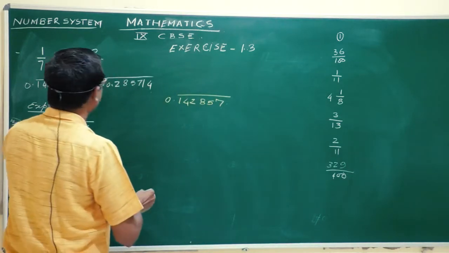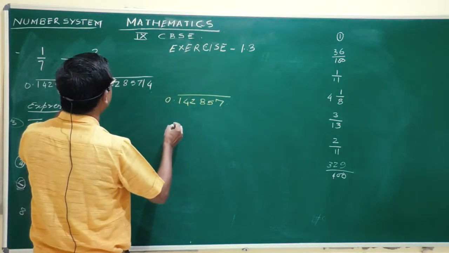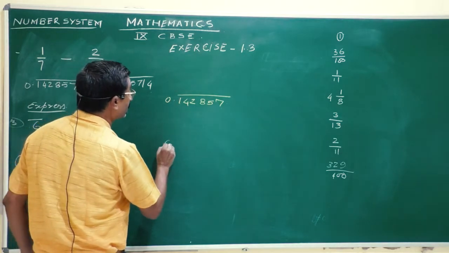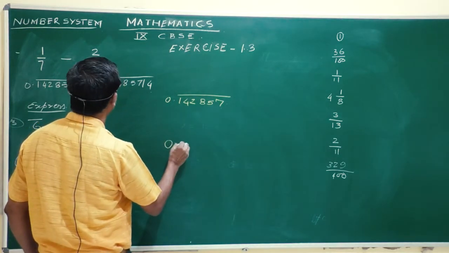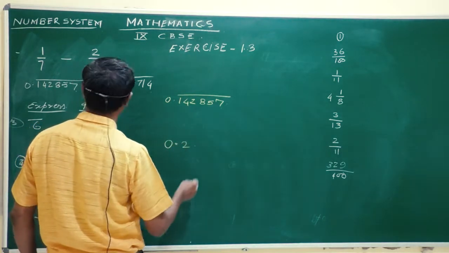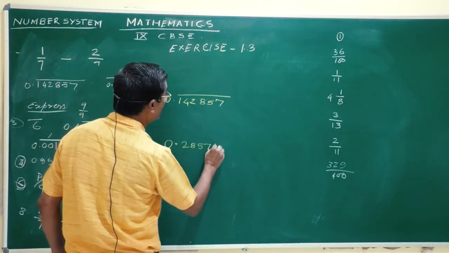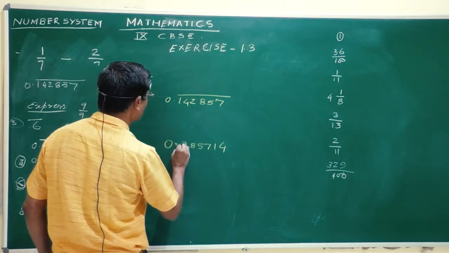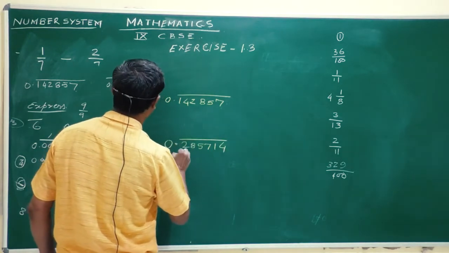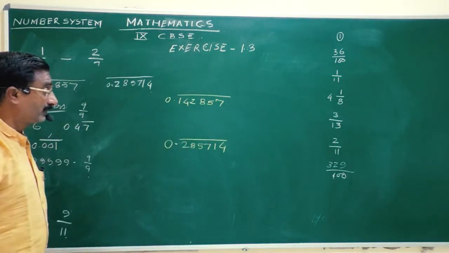And 2 by 7 will be 0.285714, so this is also repetitive in nature.